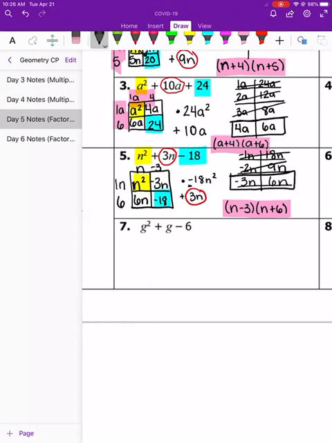So on to the next one. Again, create your box. In my first one is going to be the g squared, and in the bottom one is going to be my negative 6.